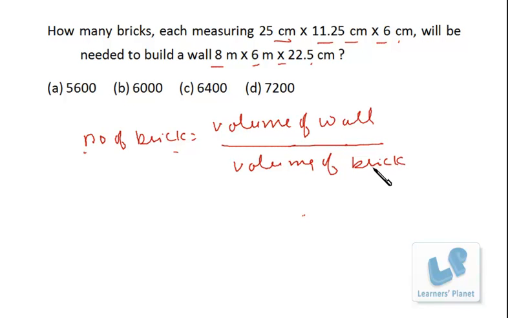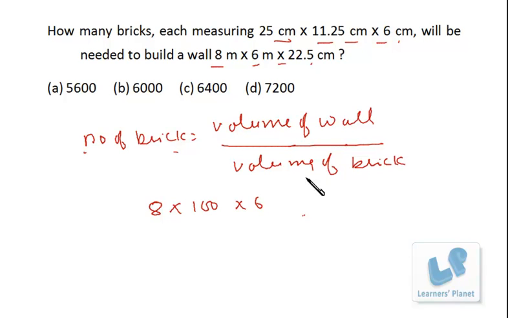Now what is important over here is all of them should be in the same unit, right? Here the dimensions of wall are given to us in meters, but the dimension of brick is in centimeter. So just convert either meter to centimeter or centimeter to meter. So volume of wall will be 8 meter, that is 8 into 100 centimeter.